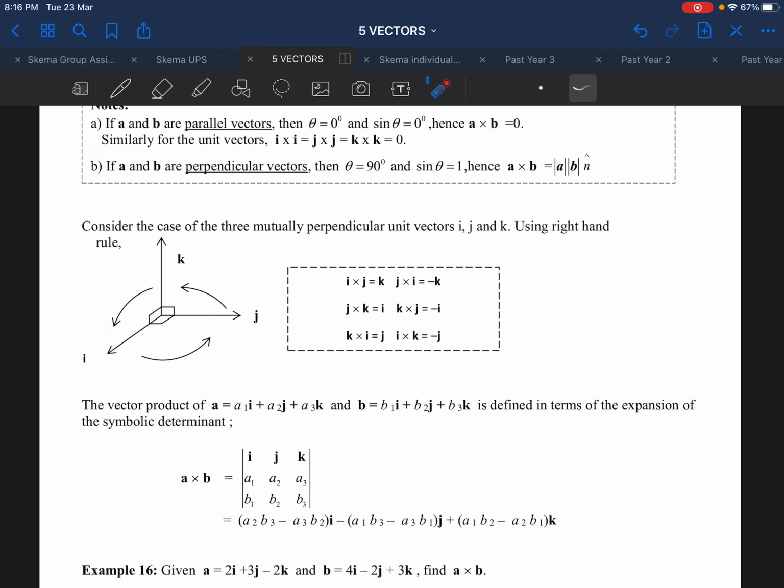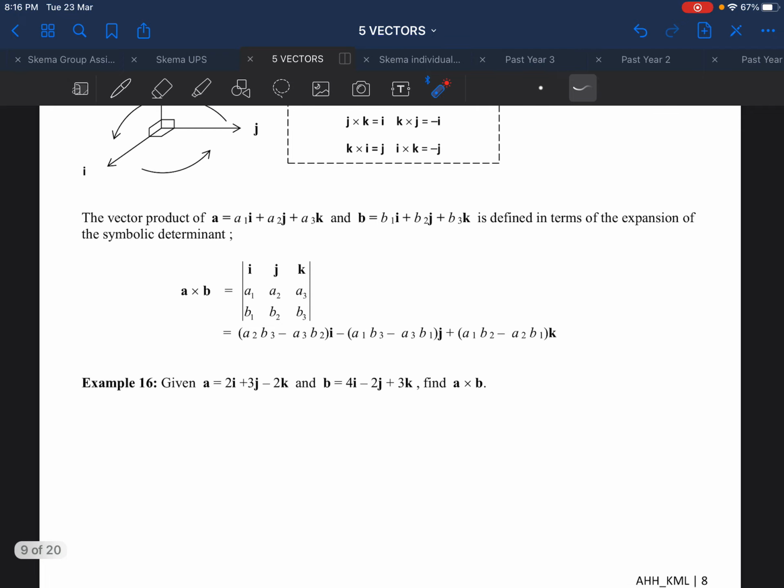Apa definition untuk A cross B ataupun kita panggil cross product ni? Definition dia kita akan gunakan cara yang sama kita gunakan untuk mencari determinant, macam kita cari determinant untuk matrices kita chapter 4. Kat sini dia akan jadi positif, sini akan jadi negatif, kat sini akan jadi positif.